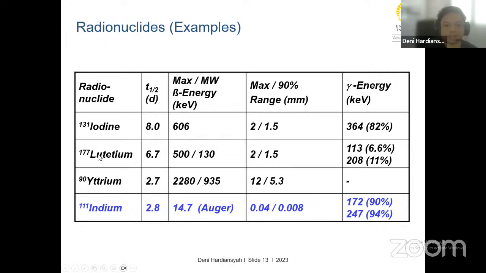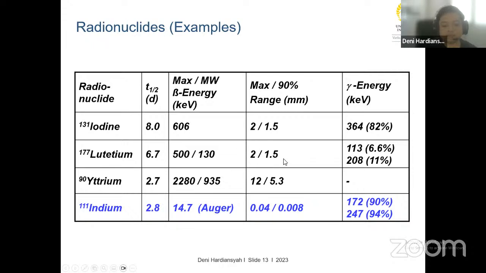And then as you can see here, the ranges are different. So for yttrium, we have a broader range, and for lutetium, we have a shorter range. So this is actually the reason why people tend to choose lutetium more than yttrium.